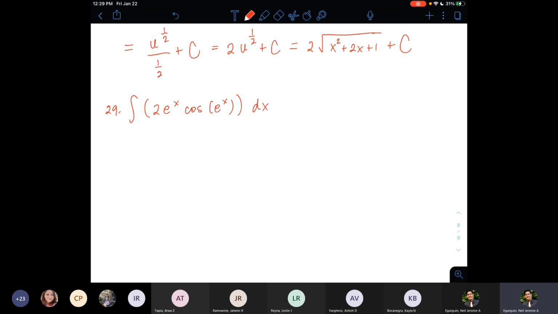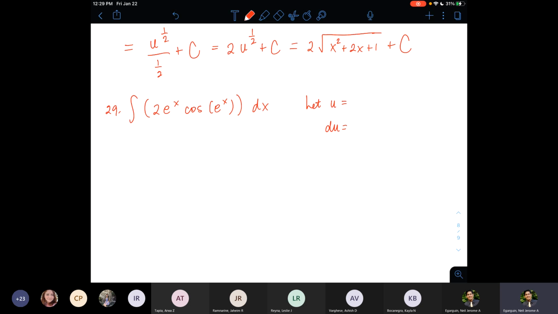Okay. Now, this is a product, so we need to eliminate the product. How do we get rid of the product in the integrand? We use u-substitution. The u-substitution will come from the more complicated function. And what's the more complicated function here?